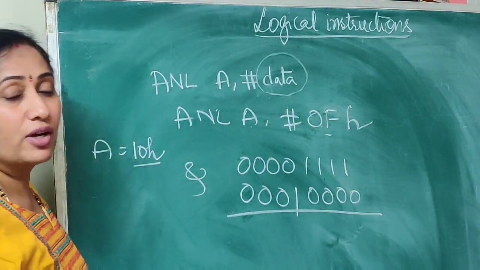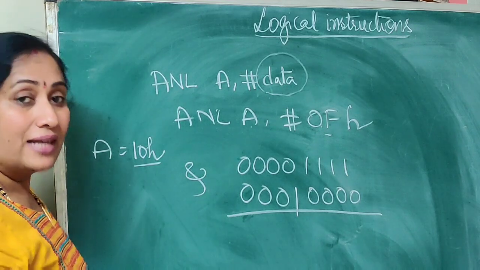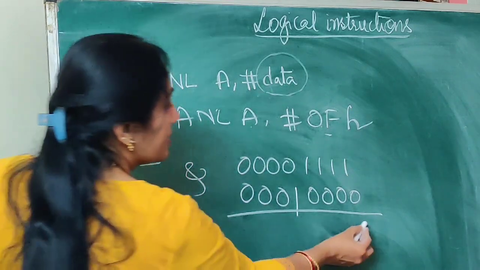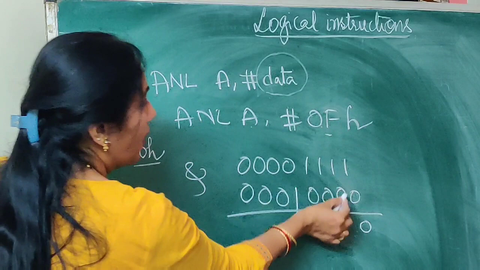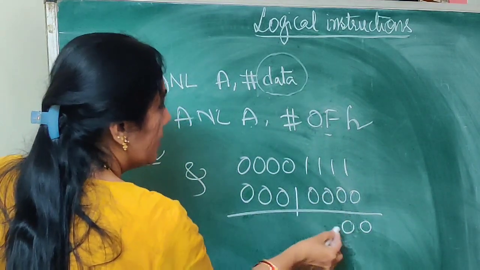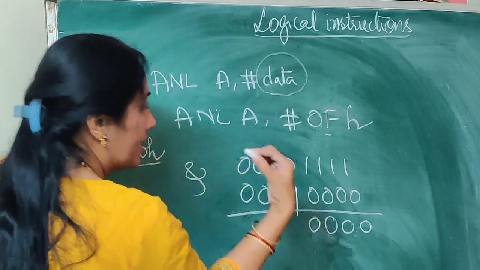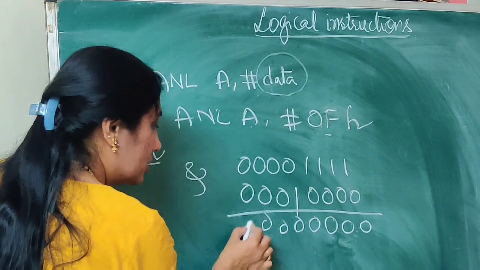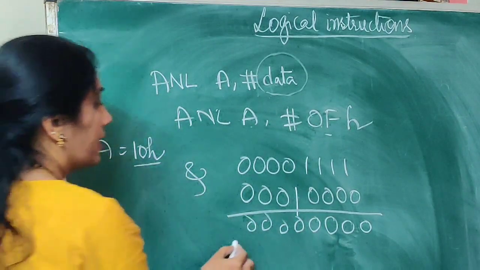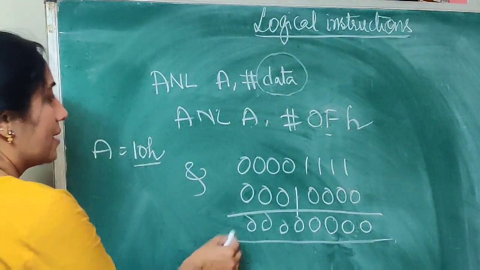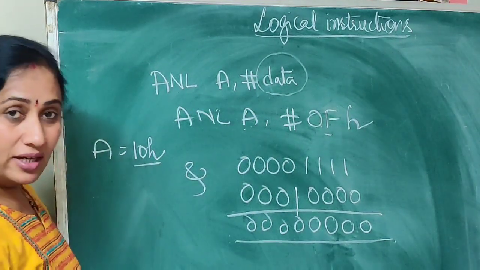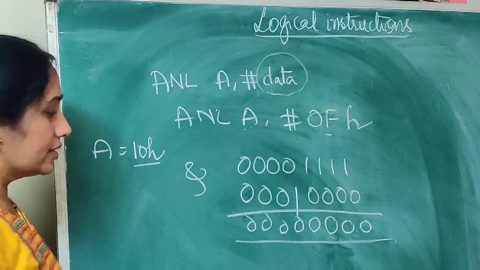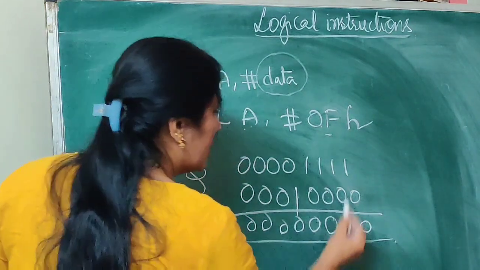So remember, if any one of the inputs is 0, then the output is going to be 0 in the AND operation. So 1 and 0 is 0, 1 and 0 is 0, 1 and 0 is 0, 0 and 1 is 0, and this is 0, this is 0, this is 0. Okay, so what is the result which I am going to have in the destination after the execution of this instruction? It is going to be 00 hex.